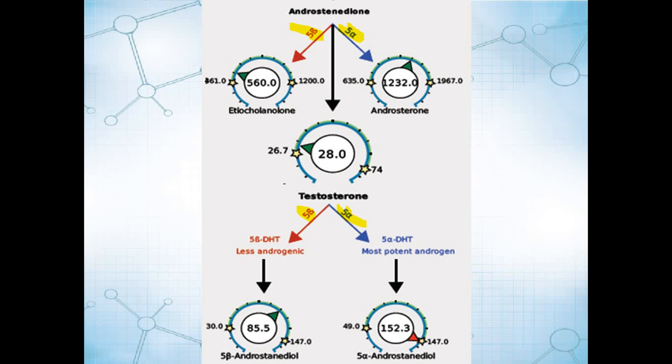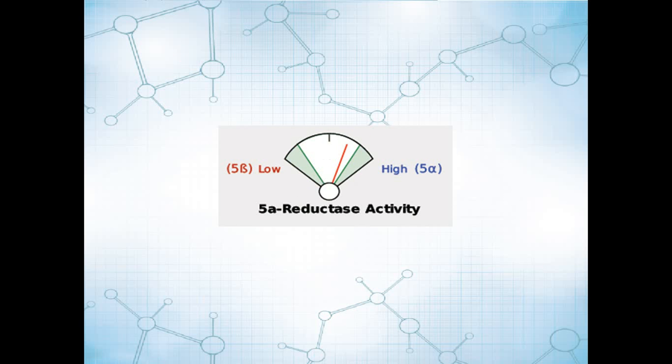So what we want to look at here is, you can see with this patient, this alpha metabolite here is higher than the middle of the range, whereas the beta metabolite is on the lower part of the range. Here, for testosterone, as we go down this way through DHT, you can see that the alpha metabolite is high and the beta metabolite is not. So there is definitely a preference in this direction for alpha with this patient.